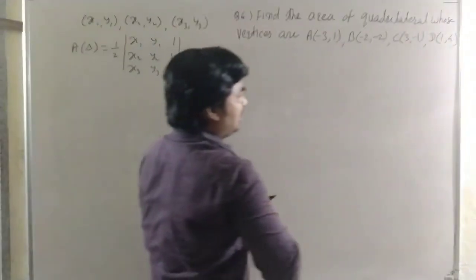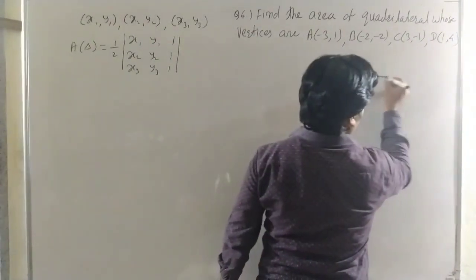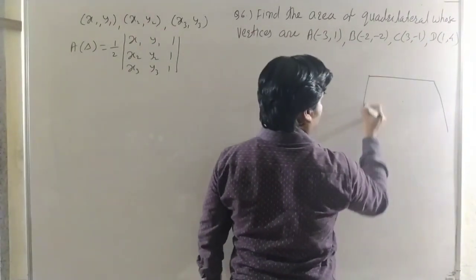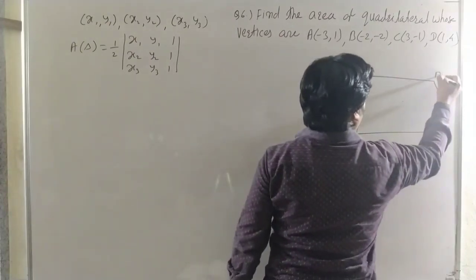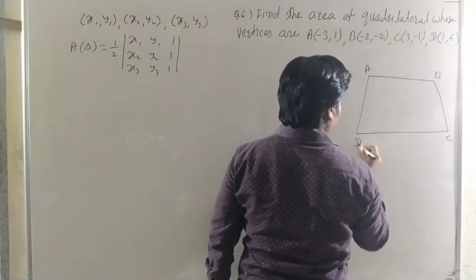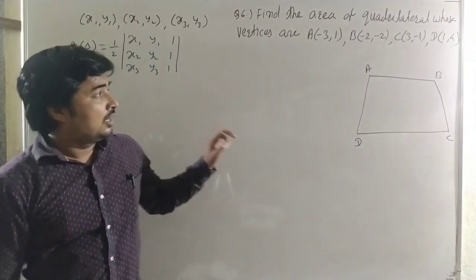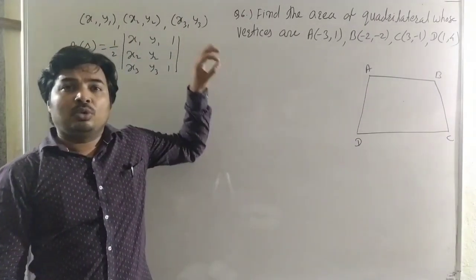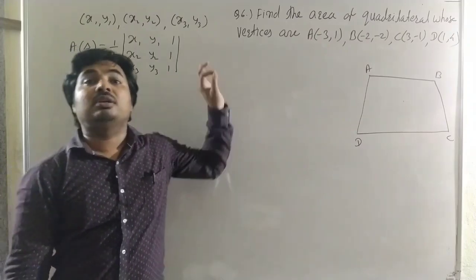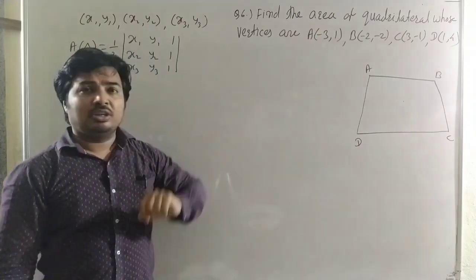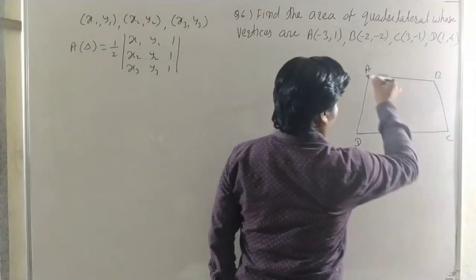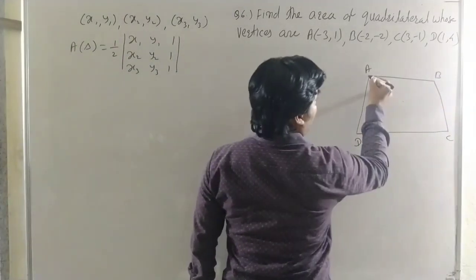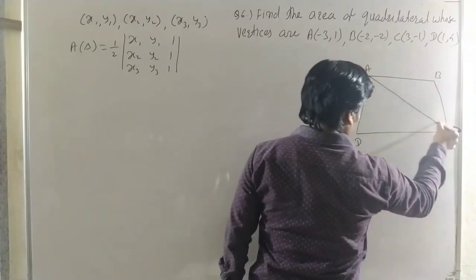Here ABCD is a quadrilateral. But we know the formula only for the area of a triangle. Then we can draw any diagonal, AC or BD, and we get two triangles.